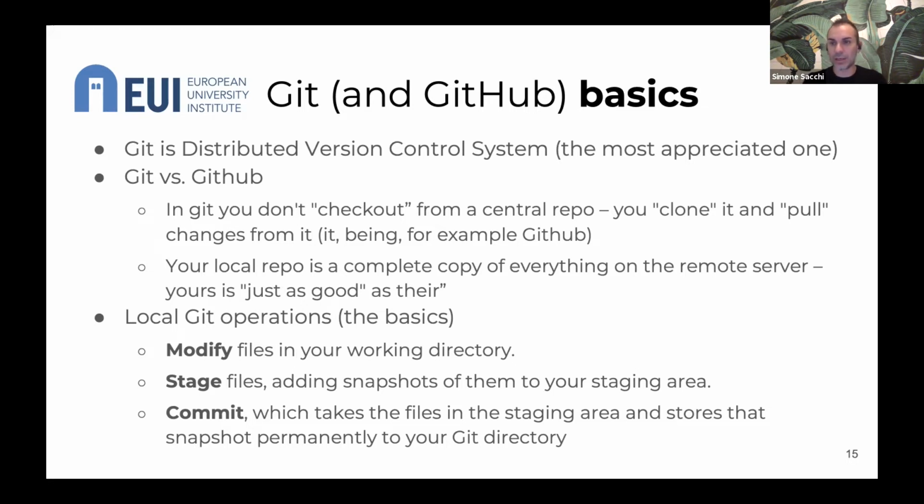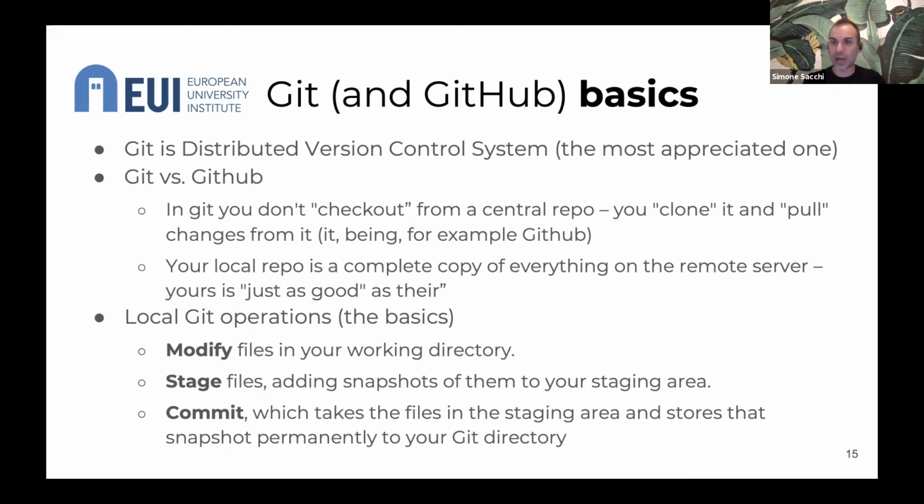GitHub is a cloud hosted platform on the web that functions much like, if I have to give an example, I'm sure you're familiar with Google Drive from Google, or OneDrive from Microsoft. It's a hosted repository where you can push your repository online and pull it, for example, from another machine. And everything is kept in check. But it's not kept in check like Google Drive, which does it automatically.